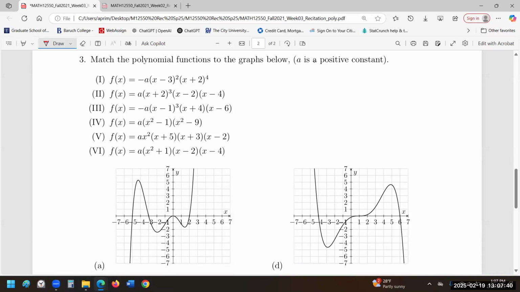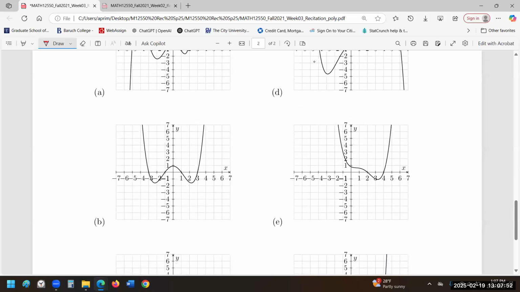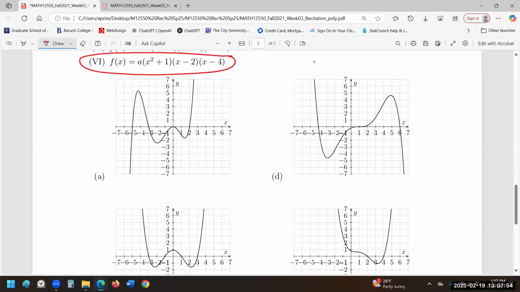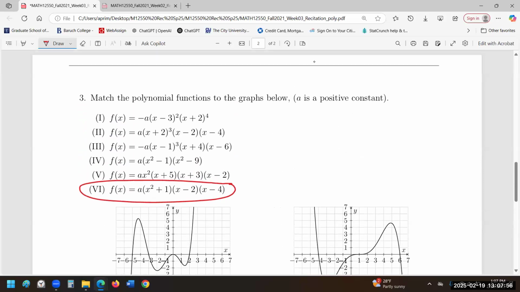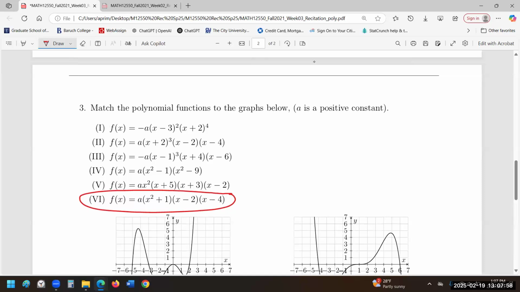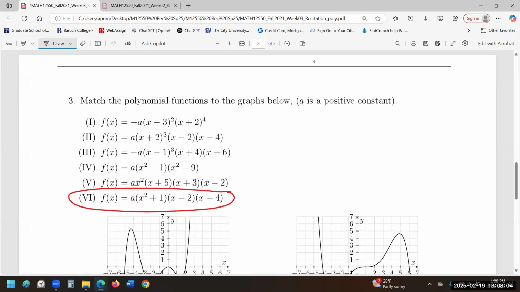So for example, here, let's see. Let me do the last one. Which graph is the graph of this polynomial? Yes, you can use a calculator, but in the exam, you're not allowed to use a graphing calculator. So that means you have to find them manually.